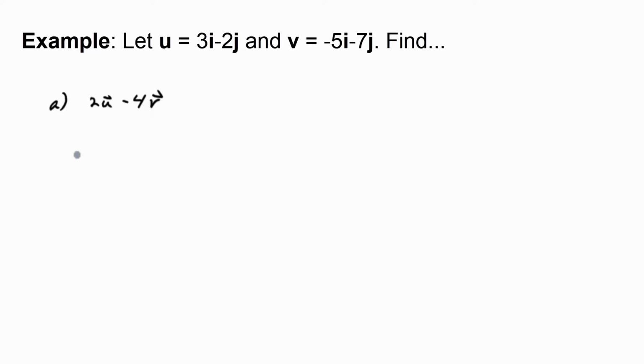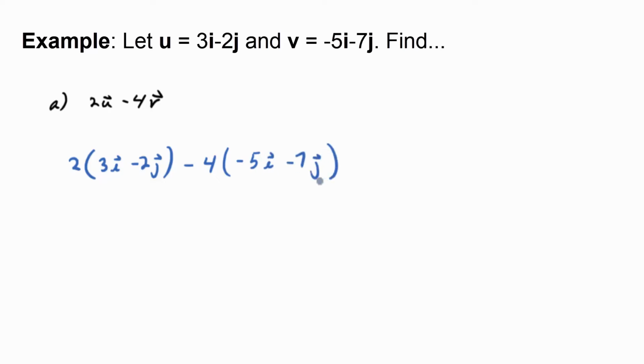So 2u would be 2 times, okay, use parentheses for multiplication, 2 times (3i minus 2j). That's the 2u. And then minus 4v. Minus 4v would be minus 4 times (negative 5i minus 7j).